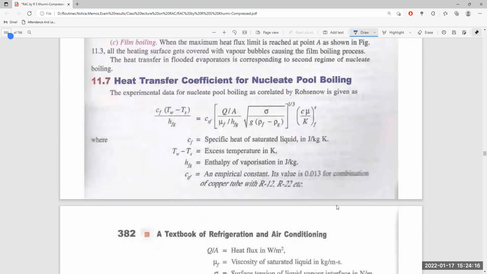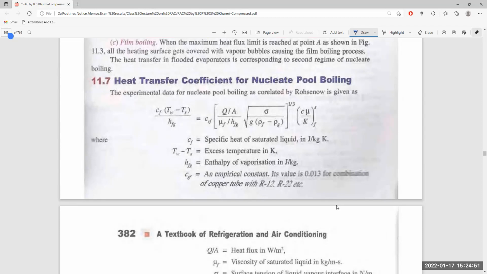Cf (Tw minus Ts) divided by hfg equals Csf multiplied by [(Q/A) divided by (mu f hfg)] multiplied by the square root of [sigma divided by g (rho f minus rho g)], to the power minus 1/3, multiplied by (Cp mu divided by k) to the power of f. Cf is the specific heat of saturated liquid.